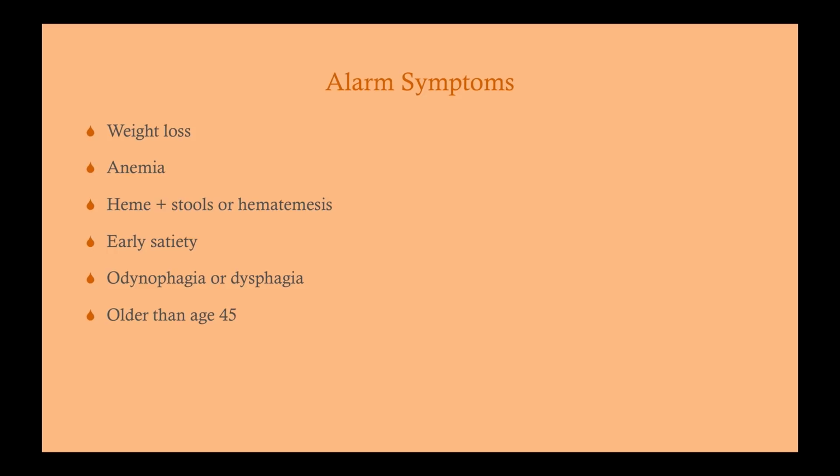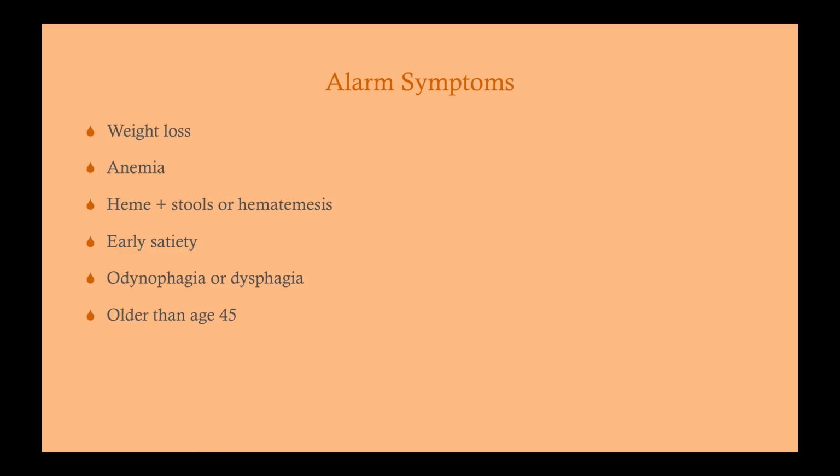And so whenever you have a patient who has alarm symptoms, you want to take this into consideration. So if you have a patient with weight loss, anemia, heme positive stools, or hematemesis. When I say heme positive stools, really what I'm talking about is melena. Heme positive would be like a lab result. So if they have dark stools, if they have hematemesis, we're thinking of a bleed.